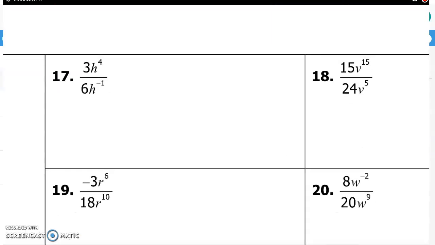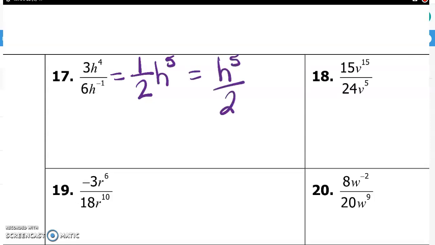For 17, most people make this 2. 3 over 6 is 1/2. All right, we're not going to do 0.5, we're going to do 1/2. h to the 5th, 4 minus negative 1. So you want to write that as h to the 5th over 2.